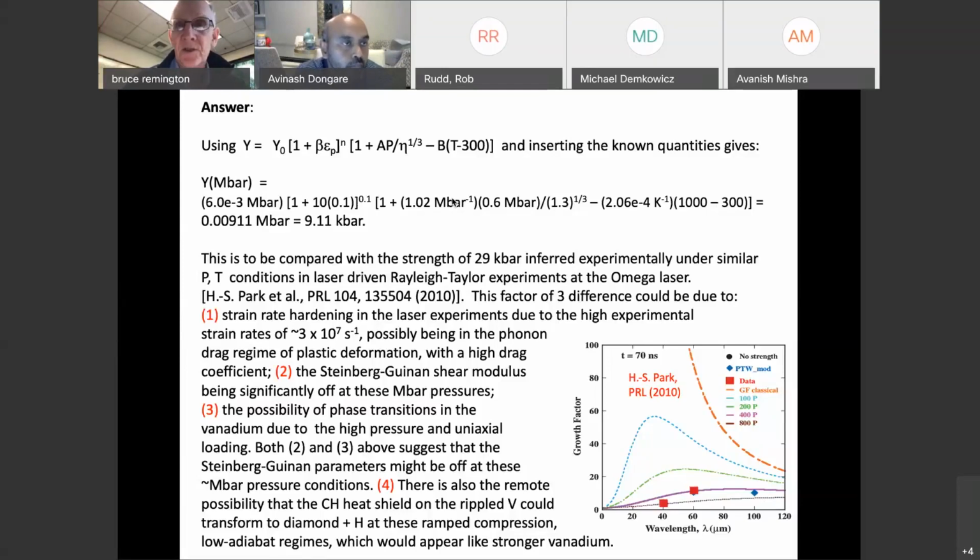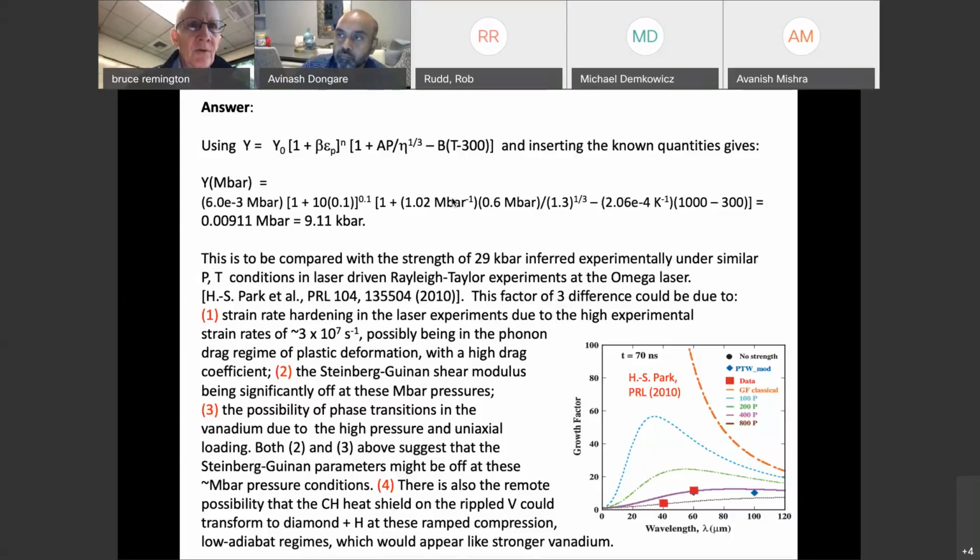Now you come to the experiment where we actually measured this experimentally at the Omega laser under these conditions. And this is all written up in a Physical Review Letters by Jesus Park, where I give the reference there, and the figure that matters I reproduce here on the lower right-hand side, showing the fitting parameter of viscosity and how we fit that to the experiment and came up with 400 poise.